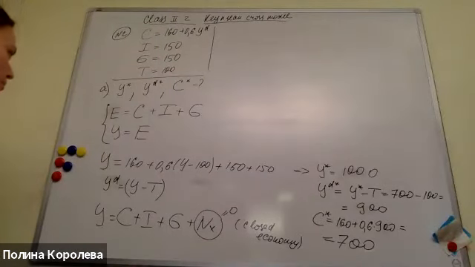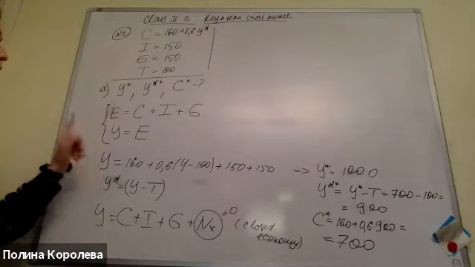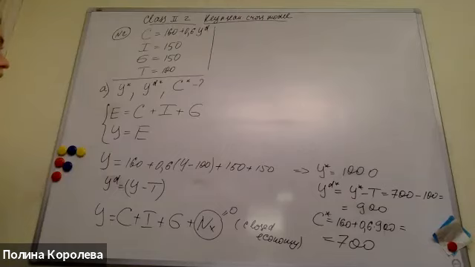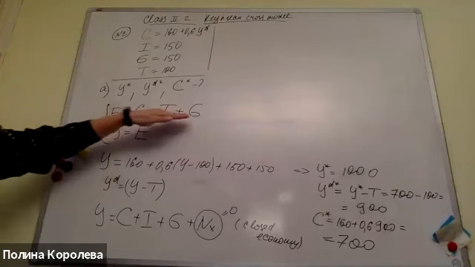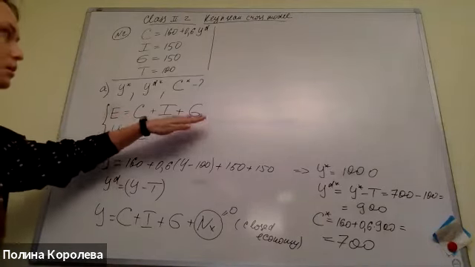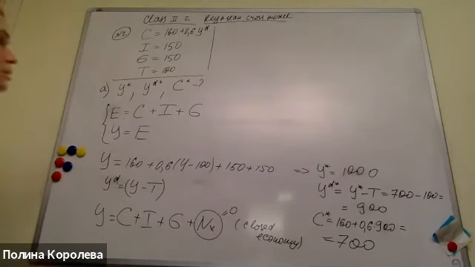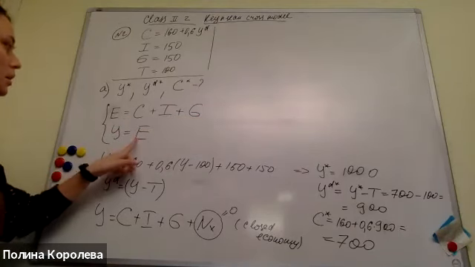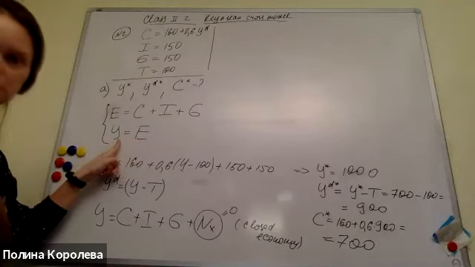So, okay, let me explain one more time why we have such formulas in the Keynesian cross model. We have expenses, planned expenditures of all economic agents. Here we have a closed economy, that's why we do not have net export. And we know that in equilibrium, planned expenditures should be equal to what is actually produced.